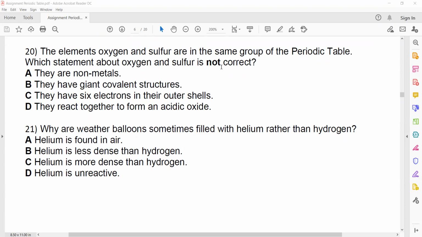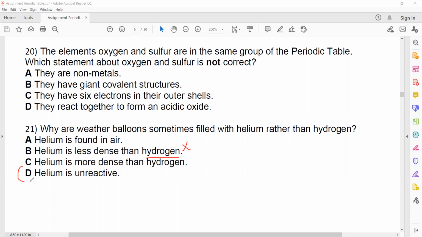That's wrong. Look, hydrogen is less dense than helium. Density of hydrogen is less as compared to that of helium. But when we compare their density with air, both have low density compared to air. So this statement is not correct.